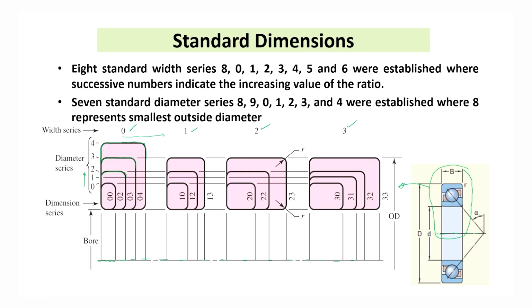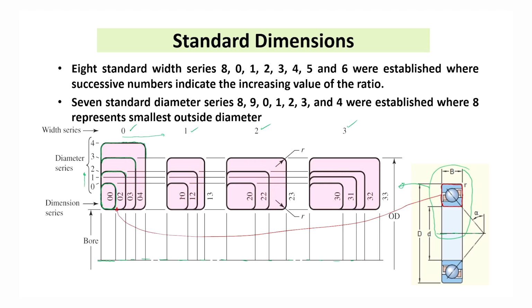Now, let's take an example. Let this be 0, 0. 0, 0 means the width series is 0 and the diameter series is 0. Then this part of the bearing will look like this.